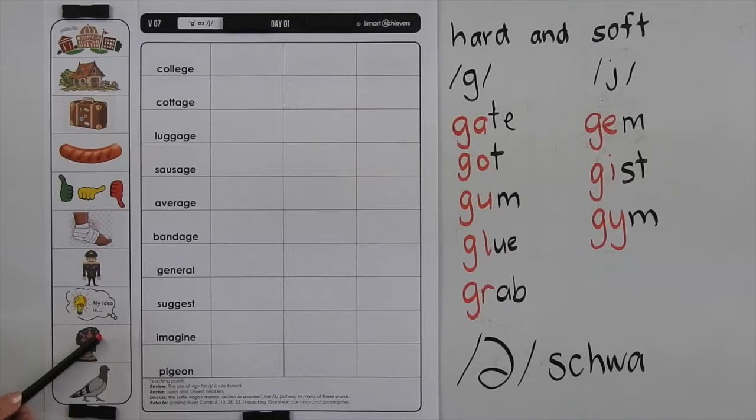Imagine is to form a mental image or to suppose something has or might happen. And a pigeon is a bird that may carry messages. So they're often used in war to carry messages back to the camp or to someone, a decision maker. Today they can be used as a messenger carrier as a sport.